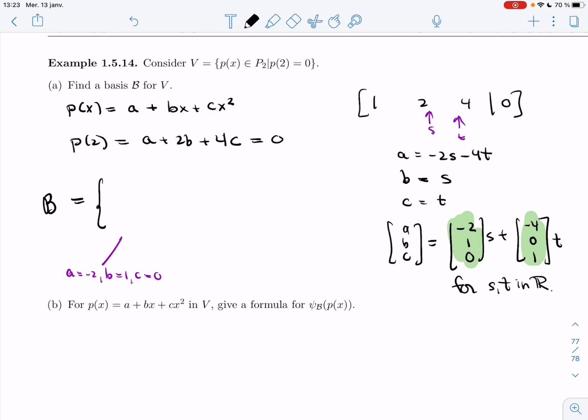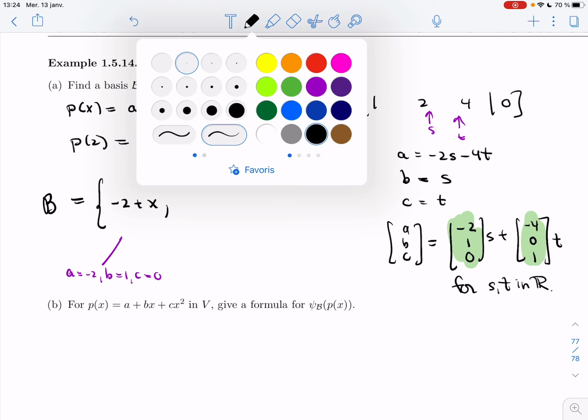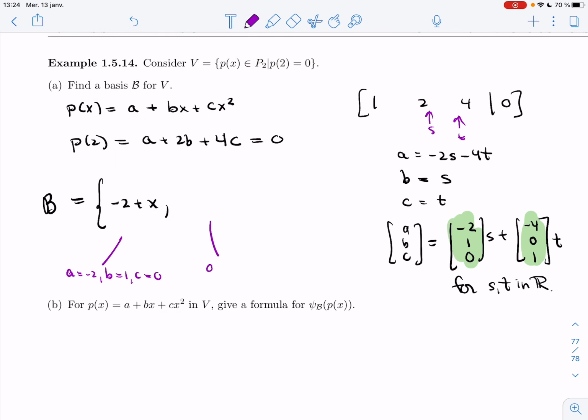And so if I plug that back into my starting polynomial, I'll get minus 2 plus x. The next one is a equals minus 4, b is 0, c is 1. So in that case, I get minus 4 plus x squared.